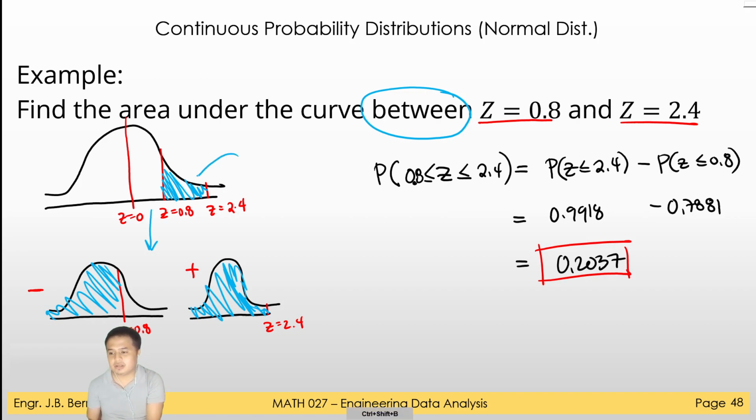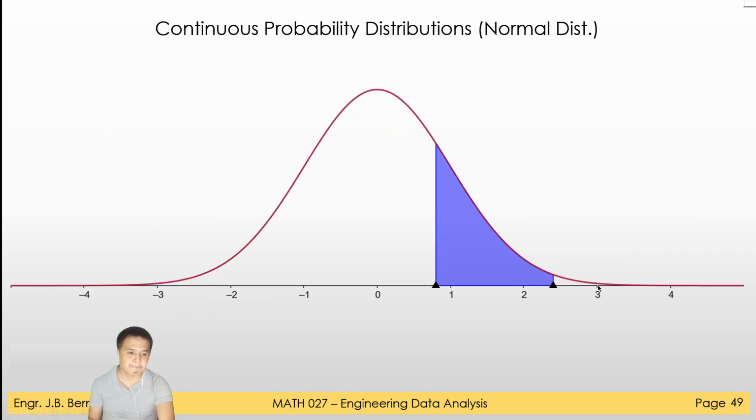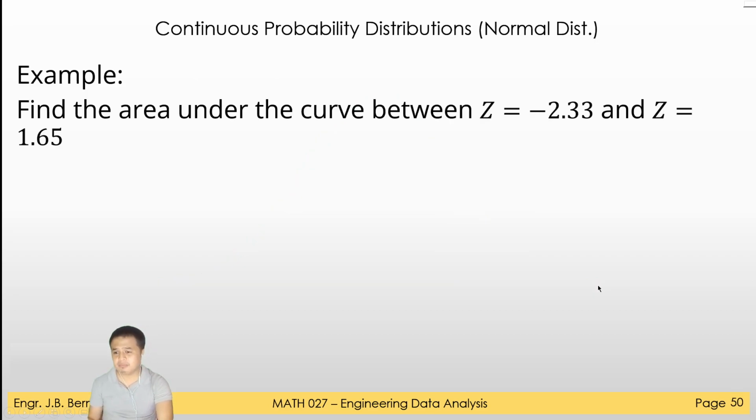So this area right here is expressed by this value, so 20.37% of the total area of the normal curve. Okay. So find the area of the curve between z negative 2.33 and 1.65.